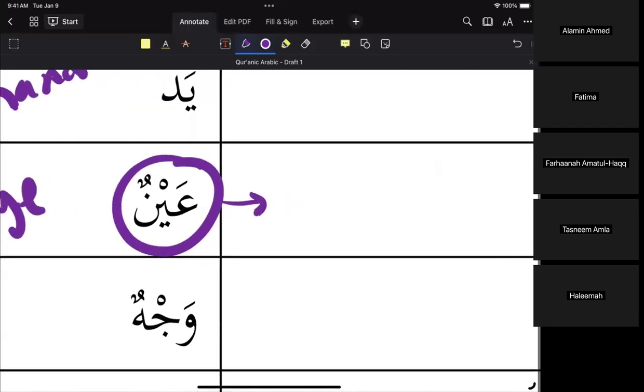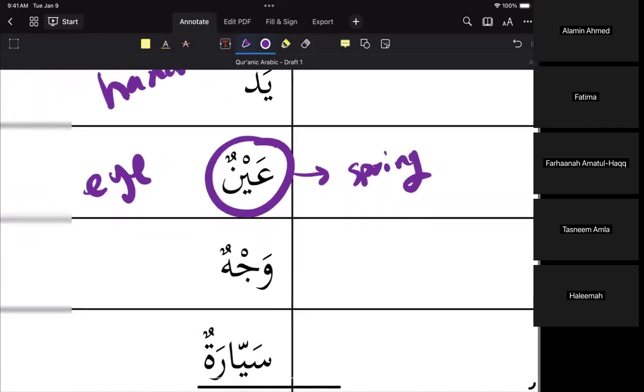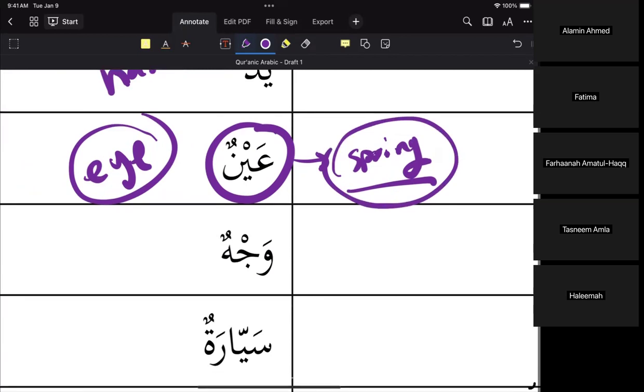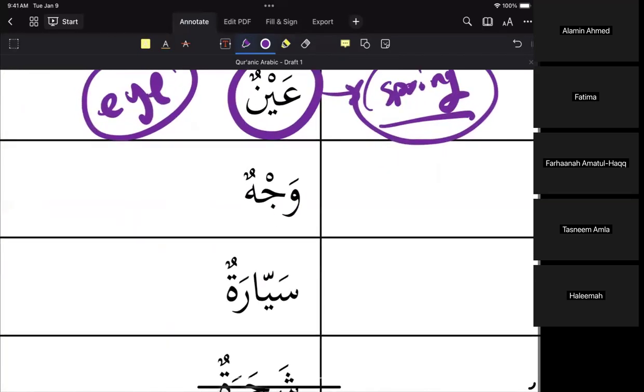One of the meanings you find in the Quran is spring, when the water comes out, right? Ayn also means other things. So for spring, the default is ayn, of course. I mean, I, but you should also keep this meaning in your mind because it comes in the Quran as well. Wajhun is face.